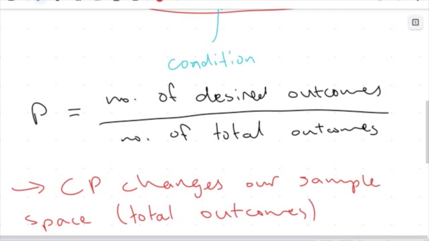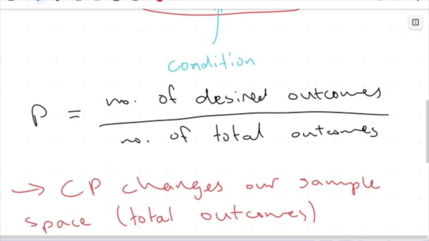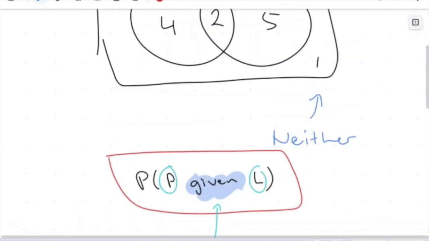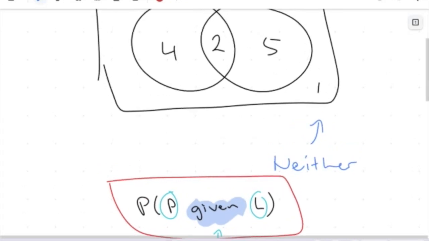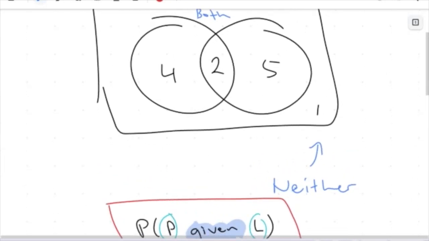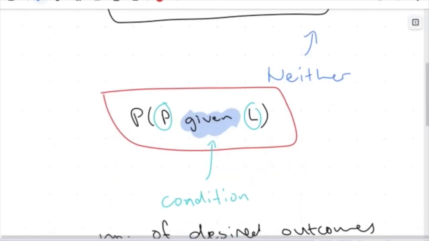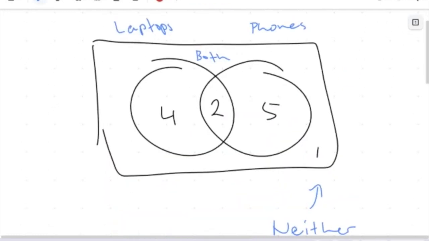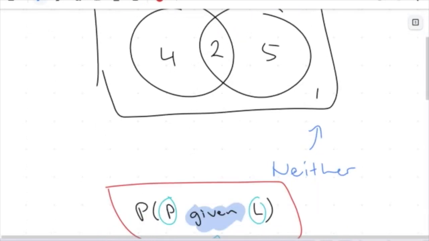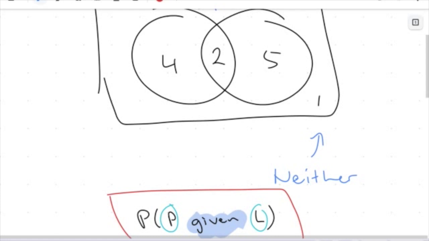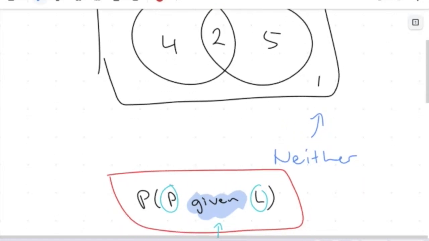So let's explore this. Let's consider my Venn diagram here. So I'm asking the question, what's the probability that my students have phones given that they have laptops? Now, thinking about this, we want to consider a different type of group, a different type of sample space.